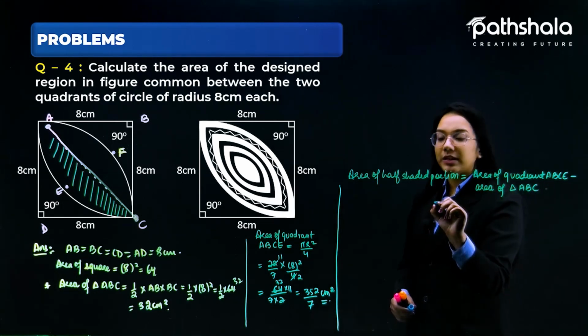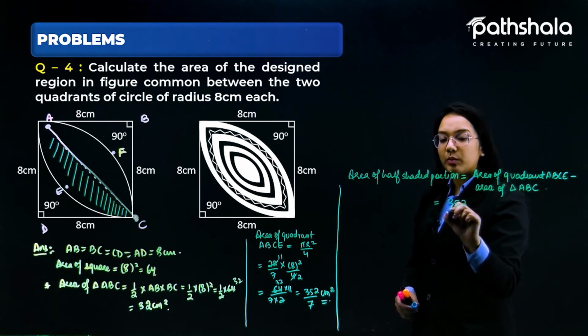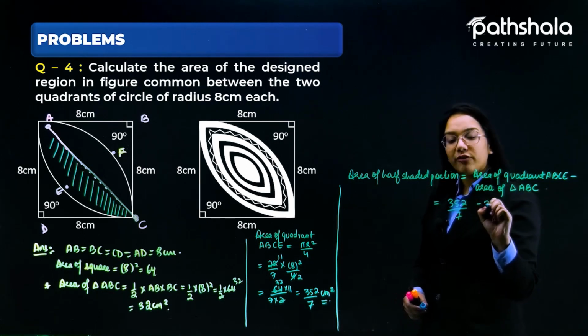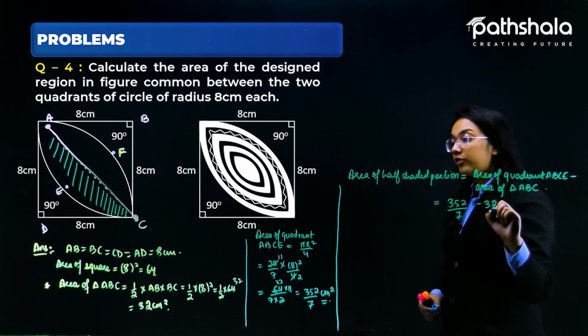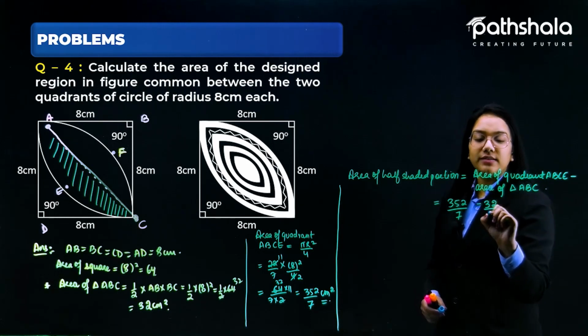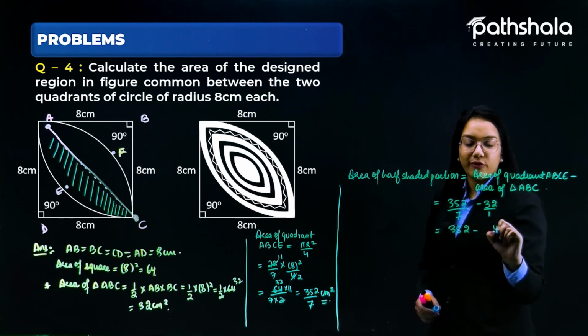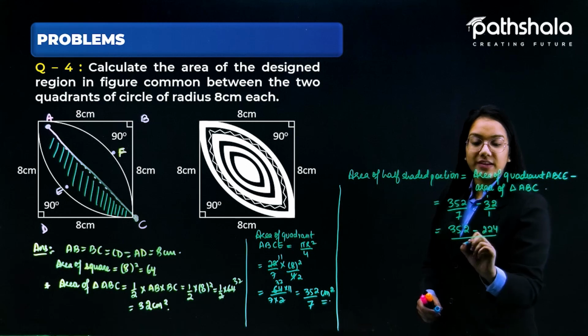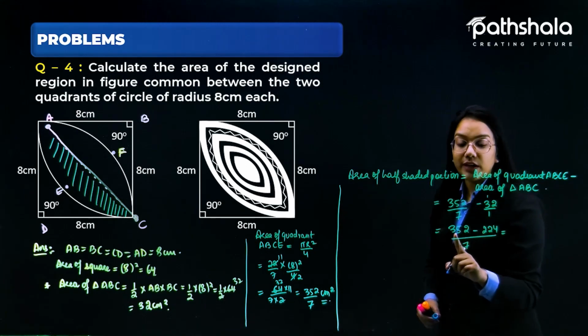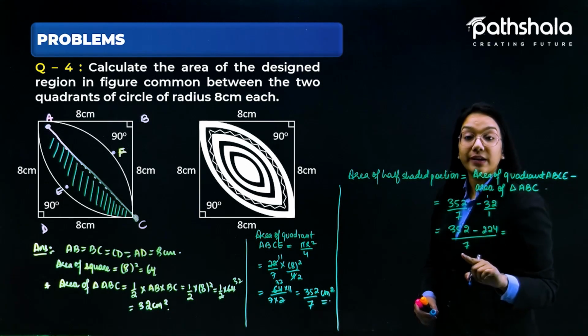So this would be equal to 352 by 7 minus 32. Now let's take the LCM over here. So this would be 352 minus 14 and 21. This would be 22 divided by 7. So we are getting 352 minus 224 divided by 7.